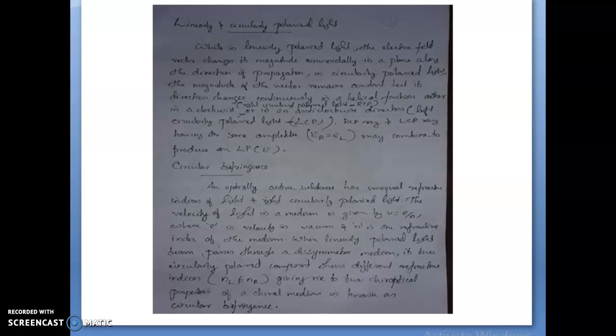The electrical component vibrates in one plane while the magnetic component vibrates in another plane. So, two components of the light are allowed to propagate in two different planes which are perpendicular to each other. Such light is known as polarized light. That is polarization of light.